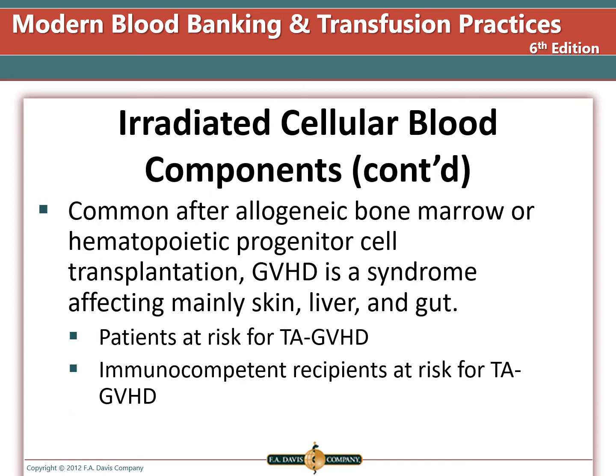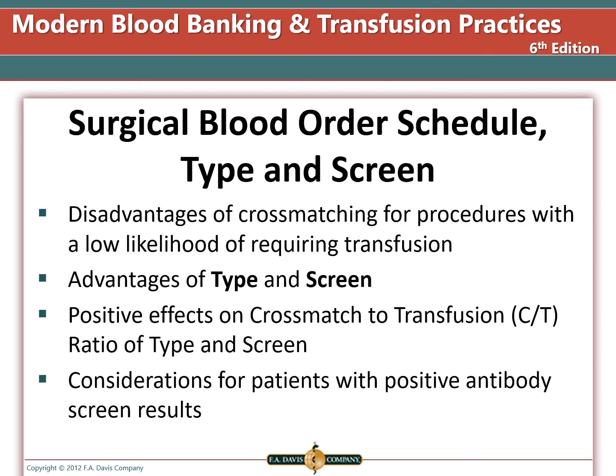People who have had an allogeneic bone marrow or hematopoietic progenitor cell transplantation can develop graft versus host disease, which is a syndrome that can affect skin, liver, and gut and can be fatal. These patients who are at risk for graft versus host disease should be given irradiated cellular blood components.